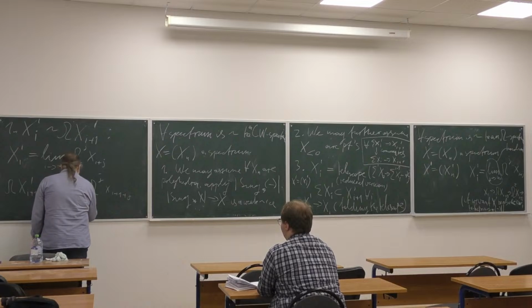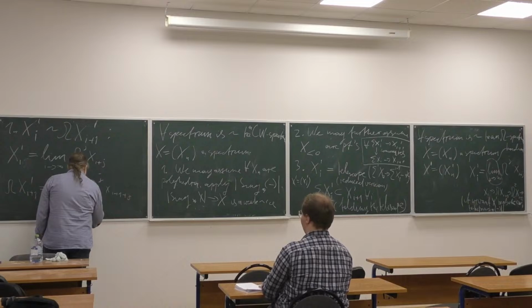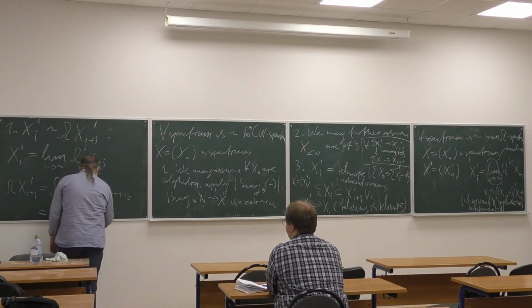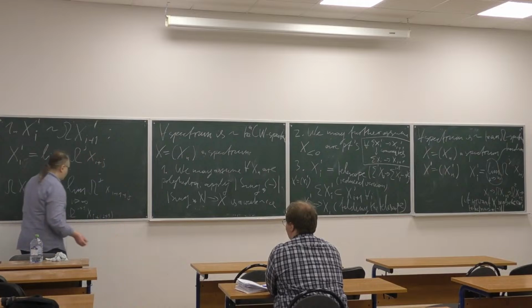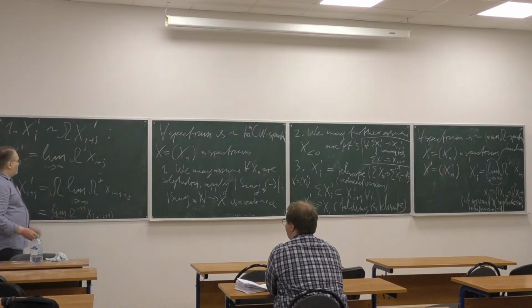So we get Omega^{j+1} X_{i+j+1}. Okay. No, sorry, j.